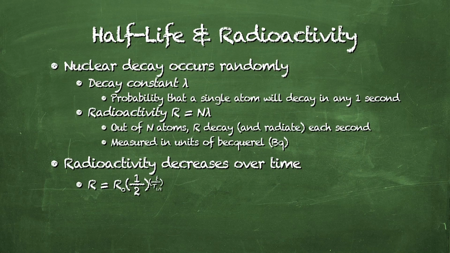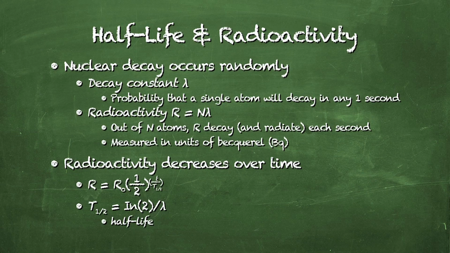So from the decay constant, which is the number of decays per second, we get the half-life by taking the natural log of 2 and dividing it by the decay constant. That turns it into a time, or a number of seconds, and that is the half-life of whatever particular radioactive material you have.